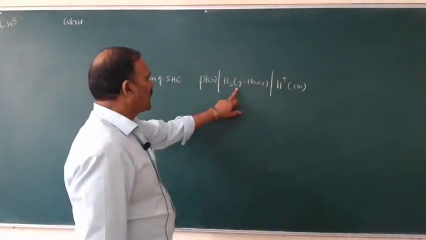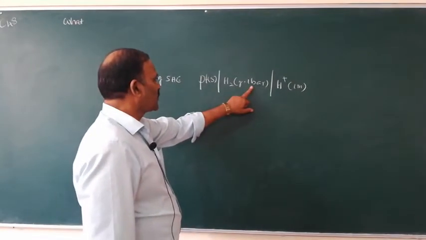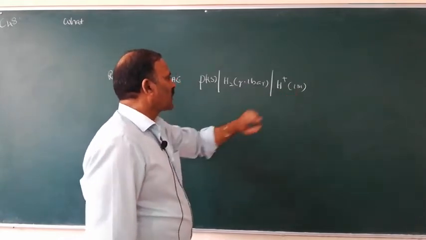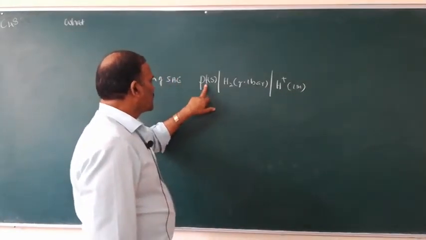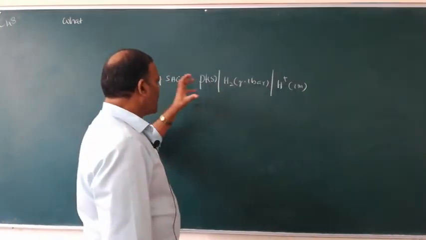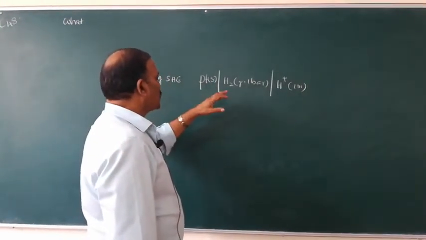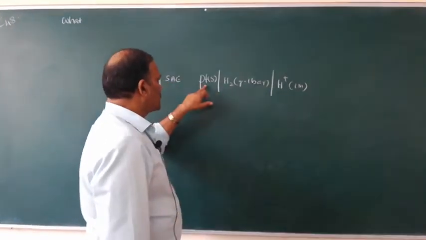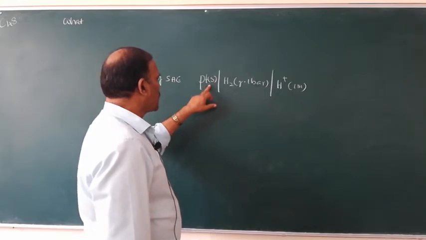So hydrogen gas at 1 bar pressure in contact with hydrogen ions of 1 molar concentration in presence of inert metal like platinum. The medium is necessary to bring contact between hydrogen and hydrogen ions. So this medium is platinum solid.